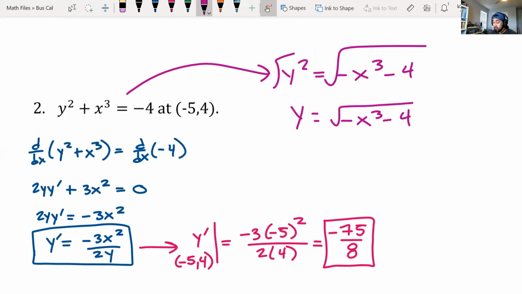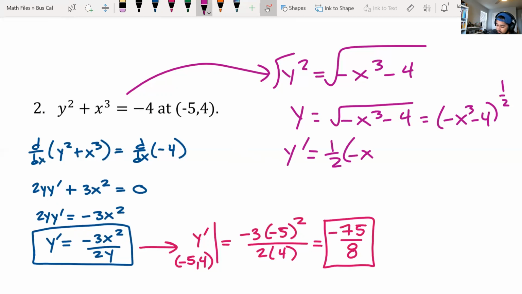And now, in order to get y prime, we would have to take the derivative of both sides, which means this would involve chain rule. Let me just rewrite that as (negative x cubed minus 4) to the 1/2. The derivative would be 1/2 times (negative x cubed minus 4) to the negative 1/2, times negative 3x squared.